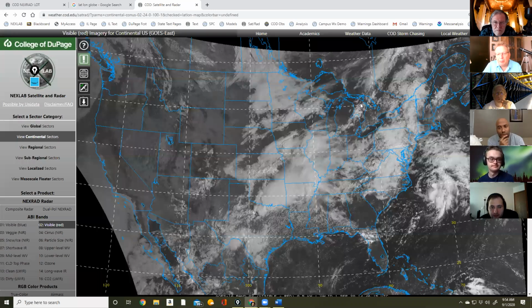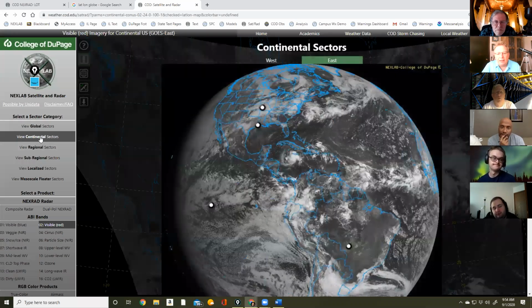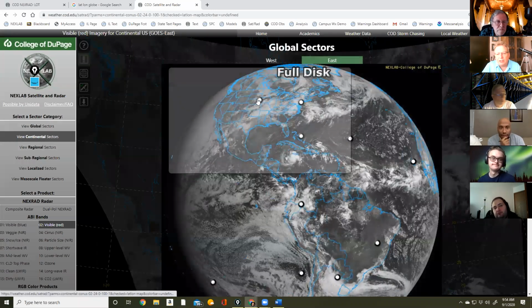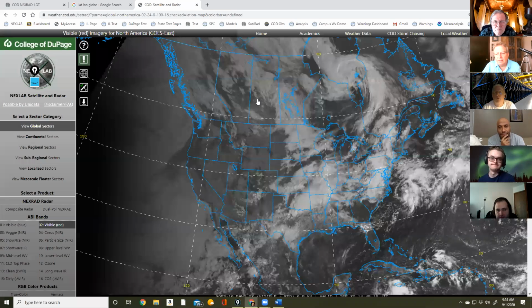I see a little bit of curvature, but there's going to be a distortion. If I go to continental or global, I'm going to see a little bit of distortion, but not a lot.